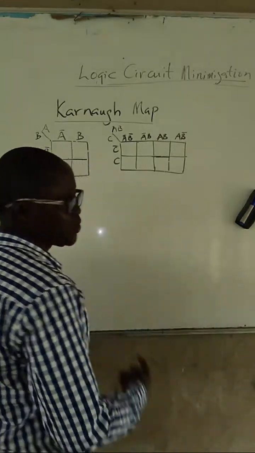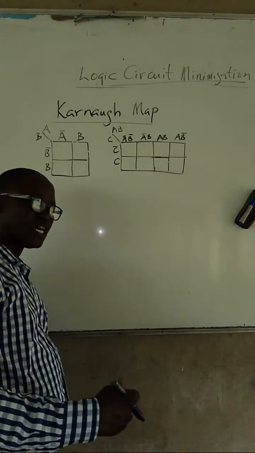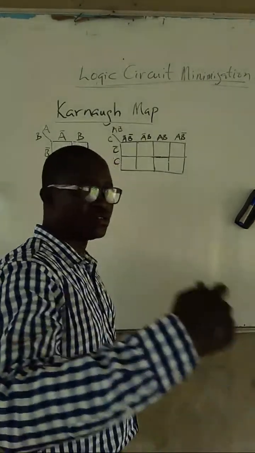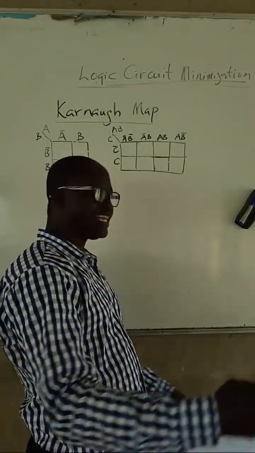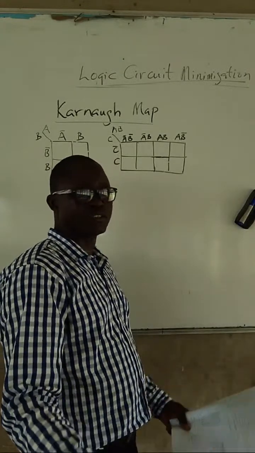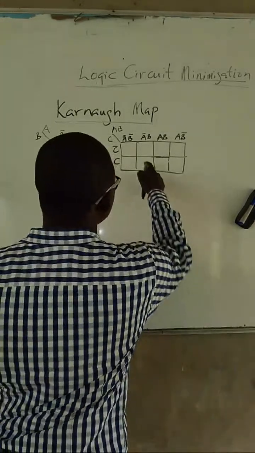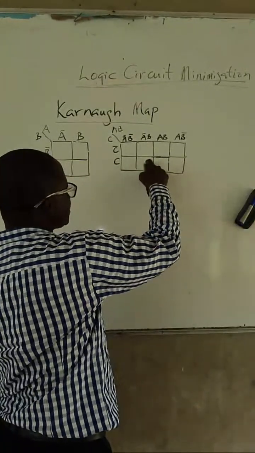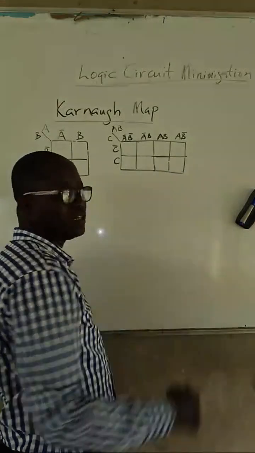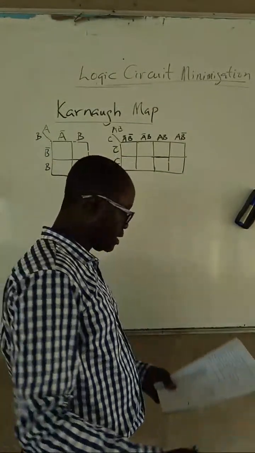Like I showed you earlier, in the equation that you wrote out for Boolean algebra, we have products, the output of AND gates, added together, that is the sum, an OR addition. So this is what we are going to do here. Wherever you have a 1 from your truth table, you place the 1 in the corresponding cell. We're going to see how we do that very soon. We're going to demonstrate it.